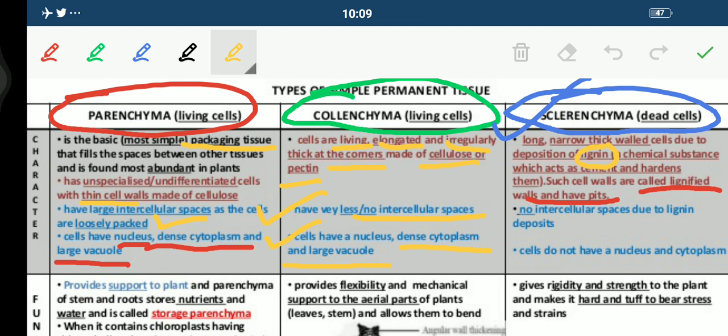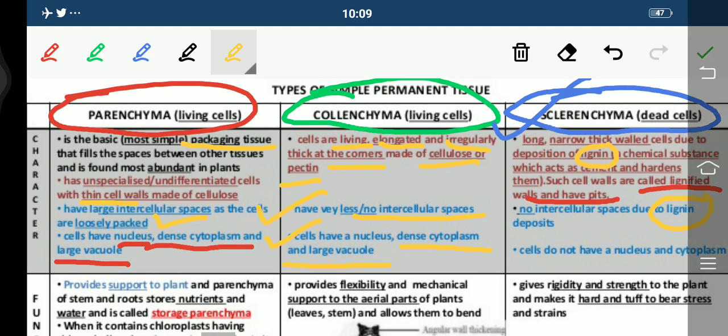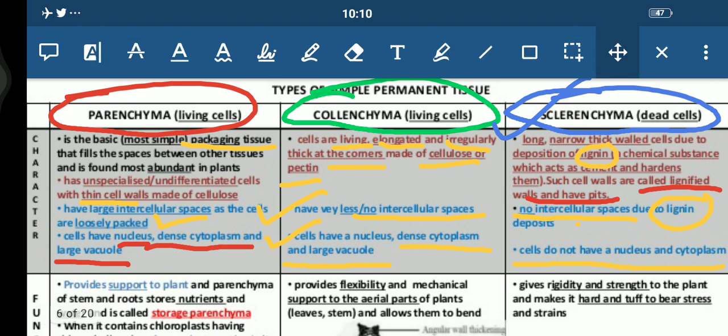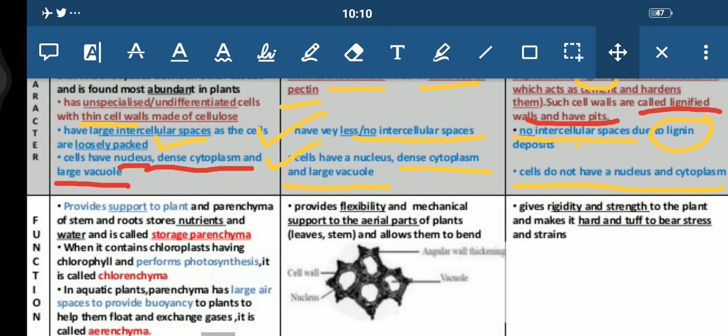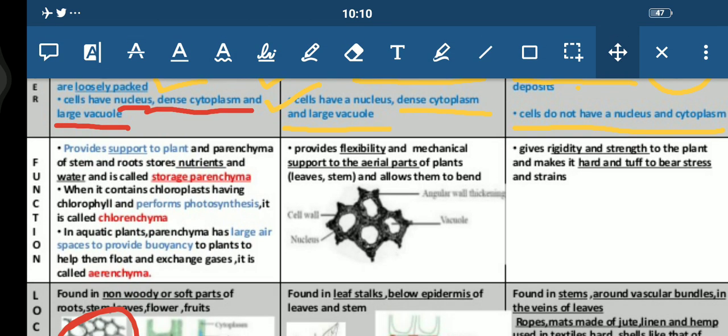See what happens, there is a deposition of lignin in them, due to which there is no intercellular space. And the last point is these sclerenchymatous cells do not have a nucleus and cytoplasm. They do not have a nucleus and cytoplasm. Very important point.